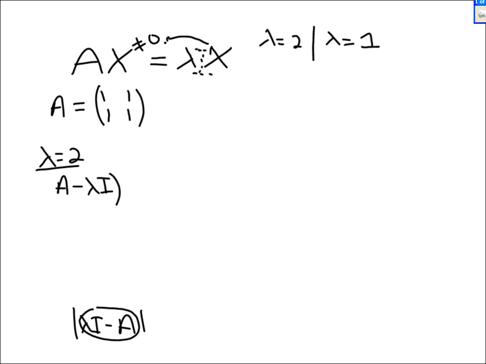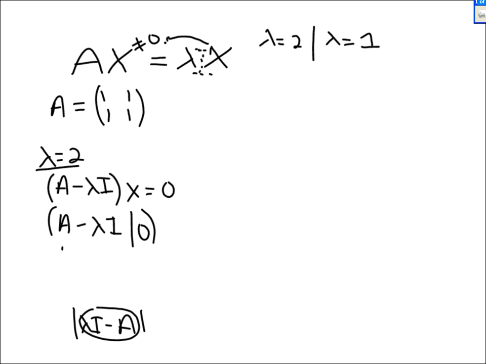Ax equals lambda Ix. Ax minus lambda Ix equals 0. I factor out the x. So I want to solve this homogeneous system of equations. That is, I want to solve this.